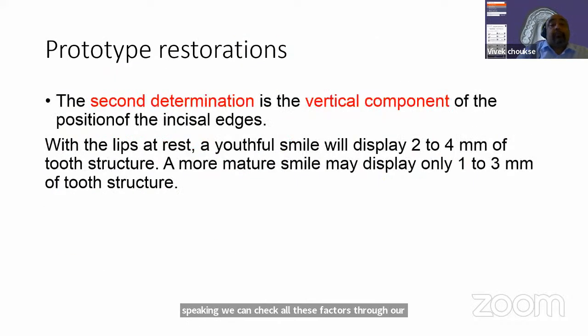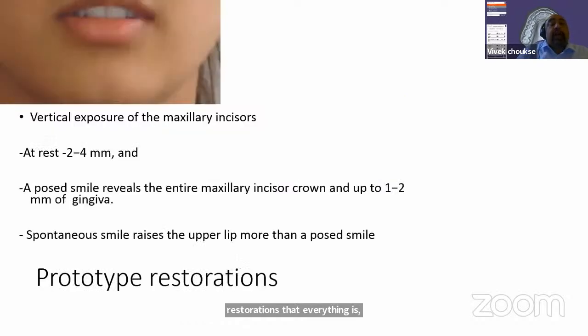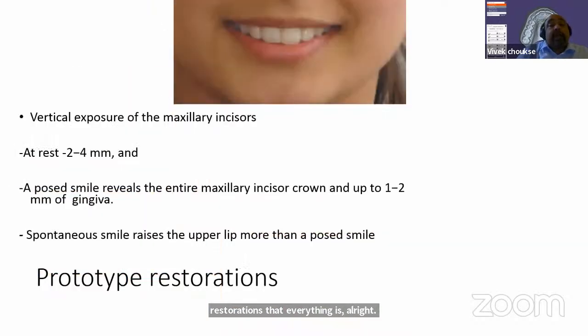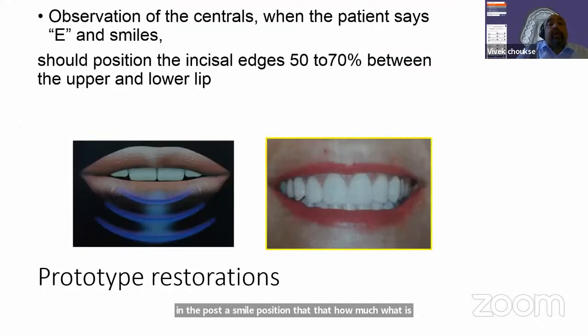So once we are confirmed through the prototype restorations that everything is all right, we can check the patient in the rest position and in the posed smile position, and see what the visibility of the teeth is.